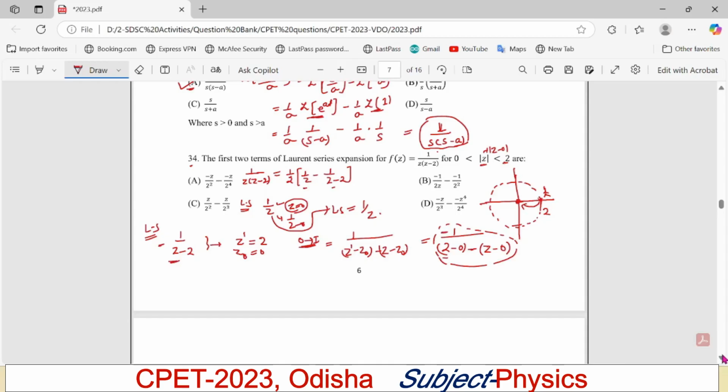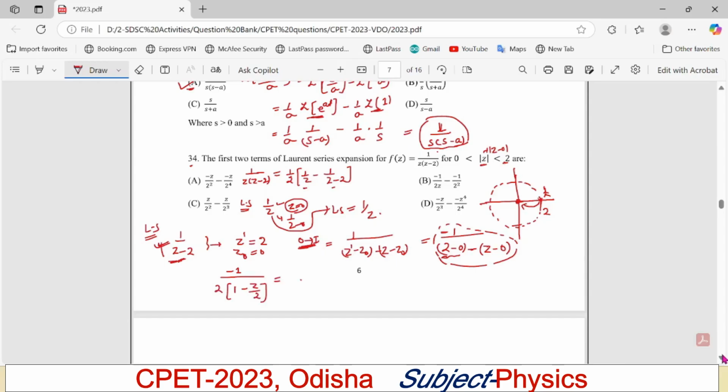So before we find the Laurent series, we have to consider whether it is from out to in or in to out. After that, we have to check whether it matches the original function. If it is matching, then okay. If it is not matching, then we just multiply by minus. Now, whatever the first term is, we take it common. So this will be minus 1 by taking 2 common, 1 minus z by 2.